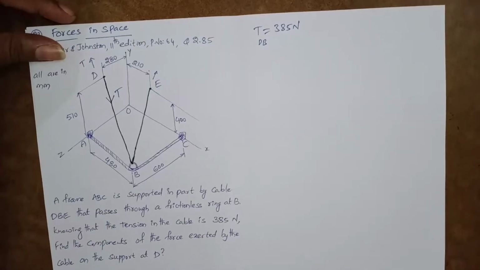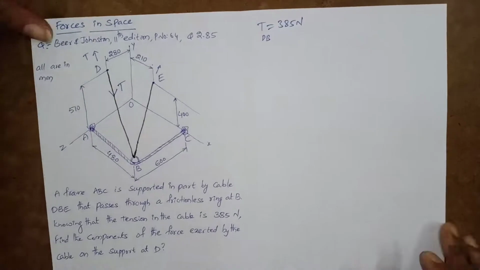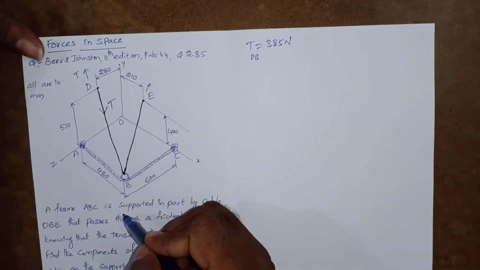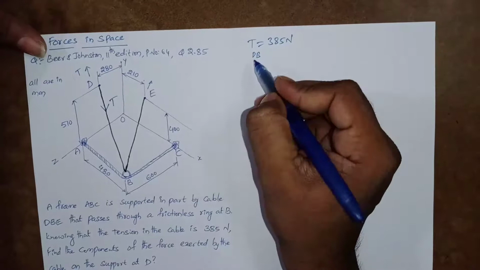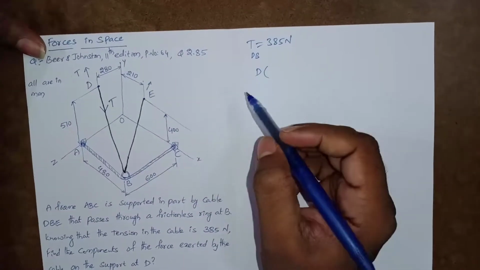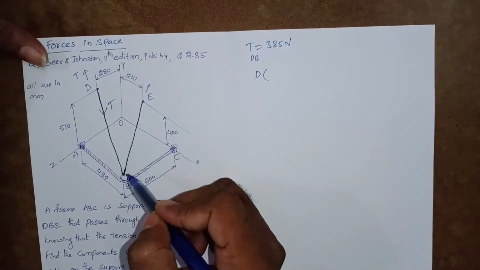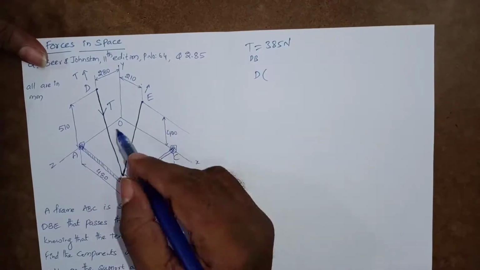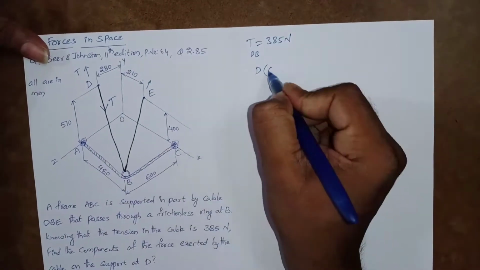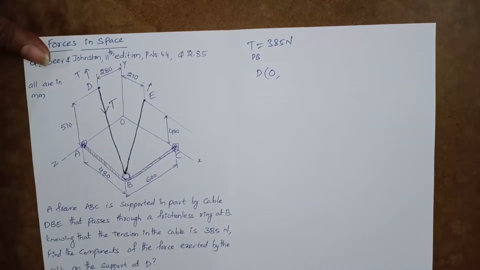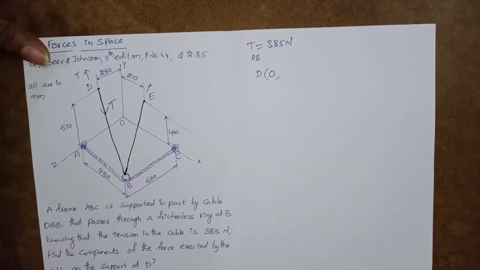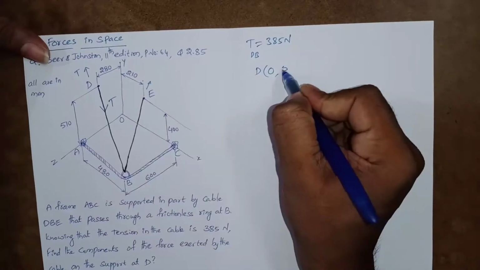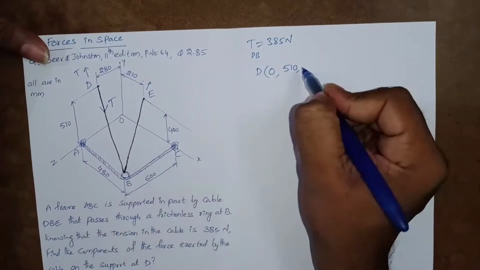In order to find this, we can locate the coordinates of the points D and B. From this figure, the coordinates of D: it is lying in the yz plane, so the x coordinate is 0, the y coordinate, from a height of 510, is 510, and the z coordinate is 280.